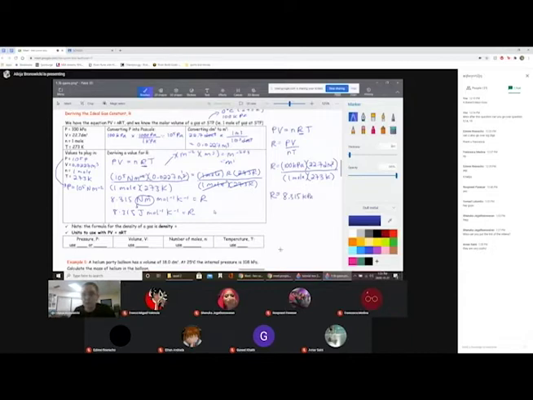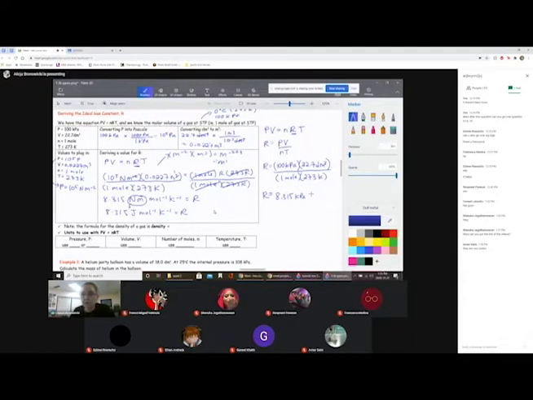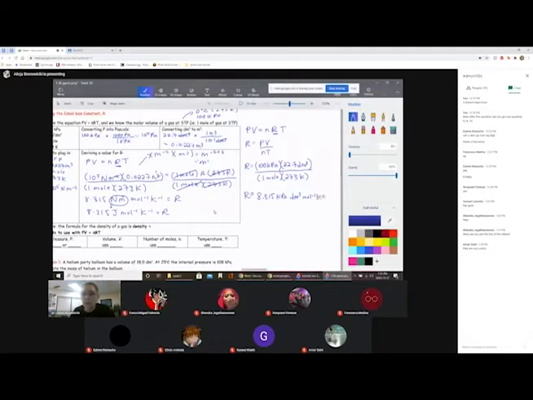Kilopascals. So your units are really important here: kilopascals, dm3 is liters, mole minus 1, K minus 1. The reason that I have a little minus 1 beside the mole is because it's a denominator, right? If I'm taking something out of the denominator, I just give it that minus 1.